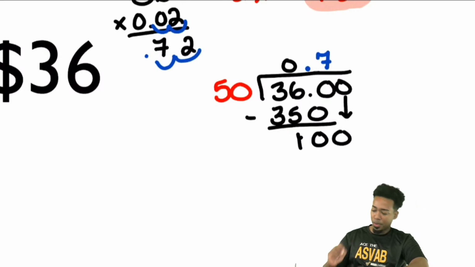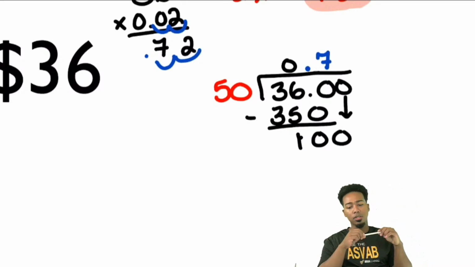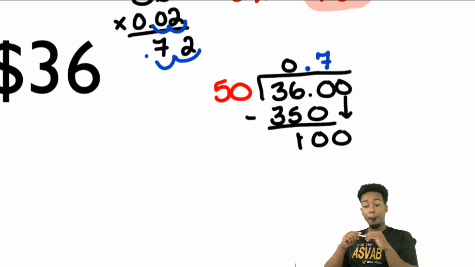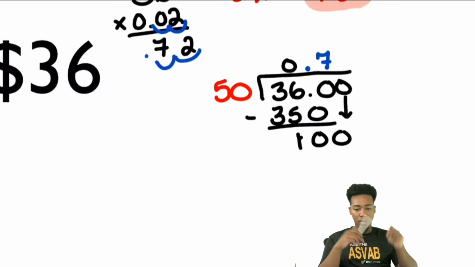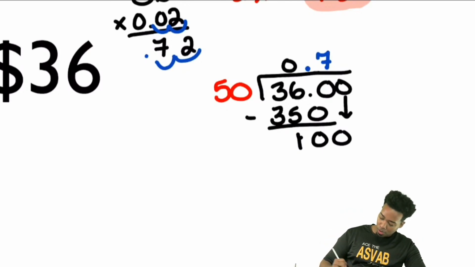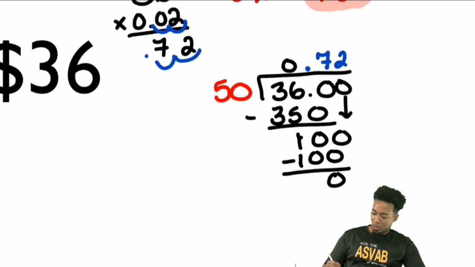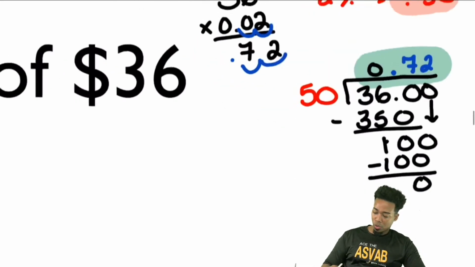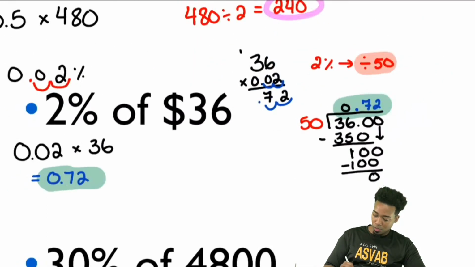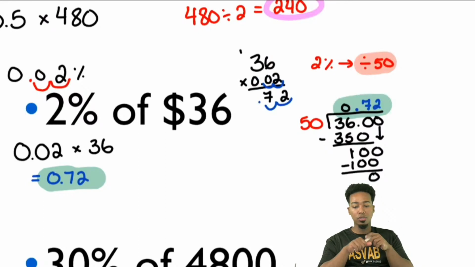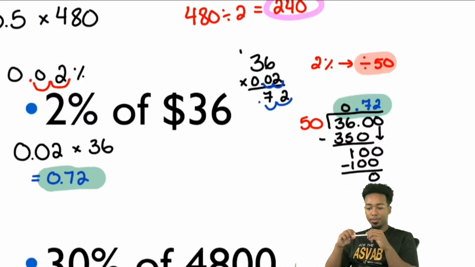Bring down the 0. Everyone, how many times does 50 go into 100? 2 times. So we'll plug in that 2 right there. And it's a clean division. And notice how we get the answer right there, 0.72. Both answers are the same.